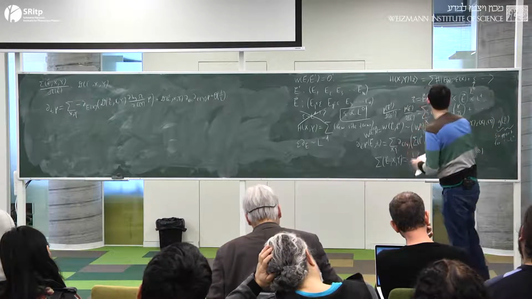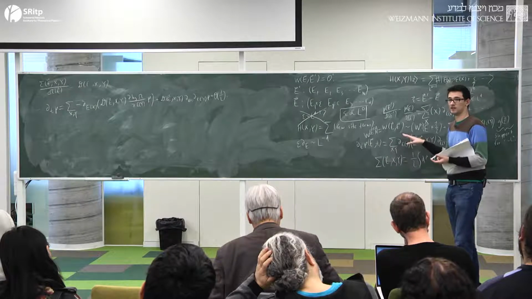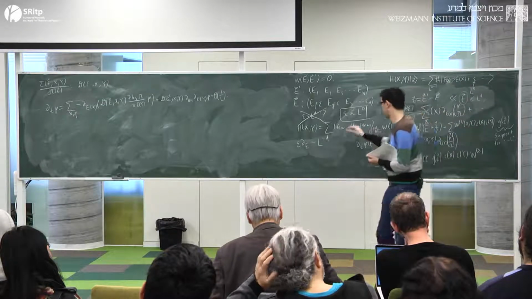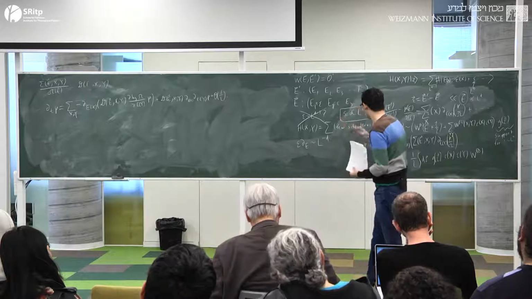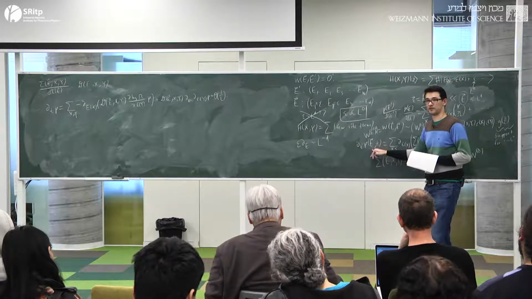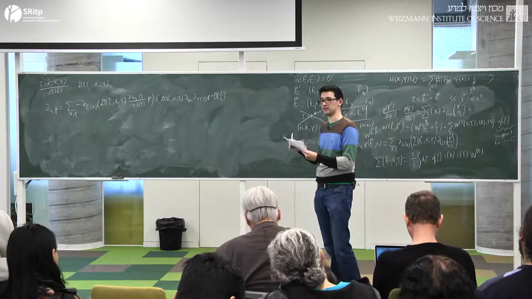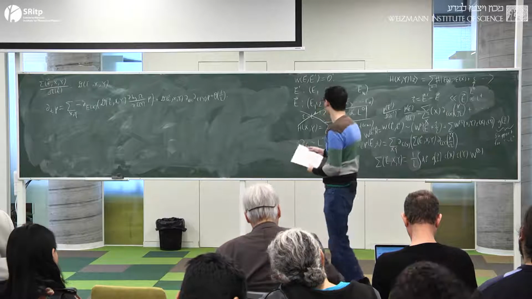Yeah, and so the point is, if we're thinking about smooth distribution functions P of E, in fact there will always be fluctuations that diverge with L in E, and that will be something that we'll see in a bit. Okay.